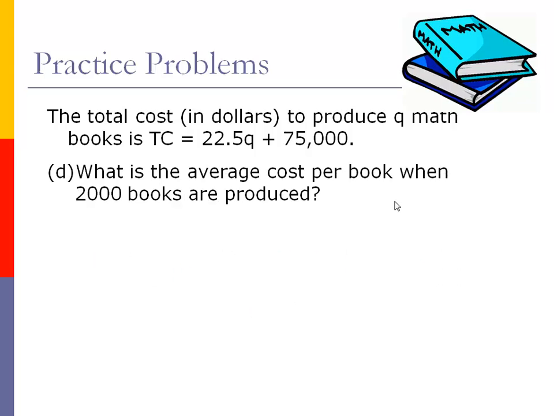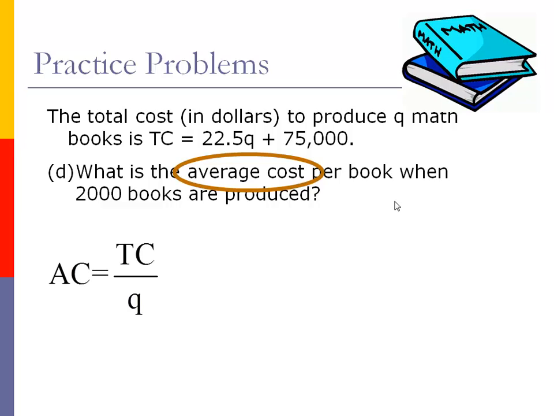And then for our last question, what is the average cost per book when we produce 2,000 books? The key thing is I'm looking at average cost. That's the key word for me here because that's telling me how I'm going to have to use my formula. One of our business formulas is average cost is total cost over quantity. So we've got a nice fraction. Math people call this a nice rational function in a way. Just another way of saying fraction. So I've got my total cost over quantity.